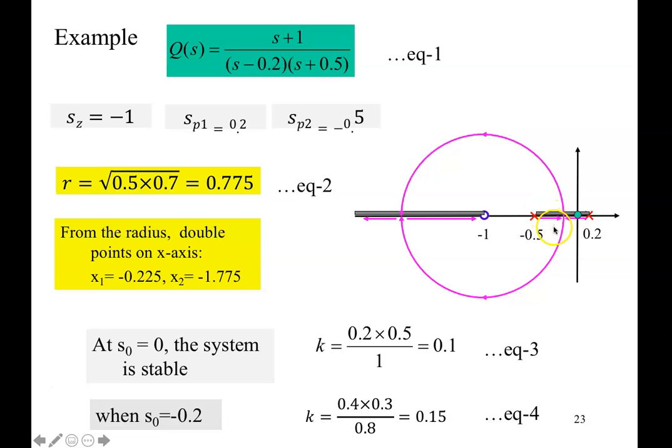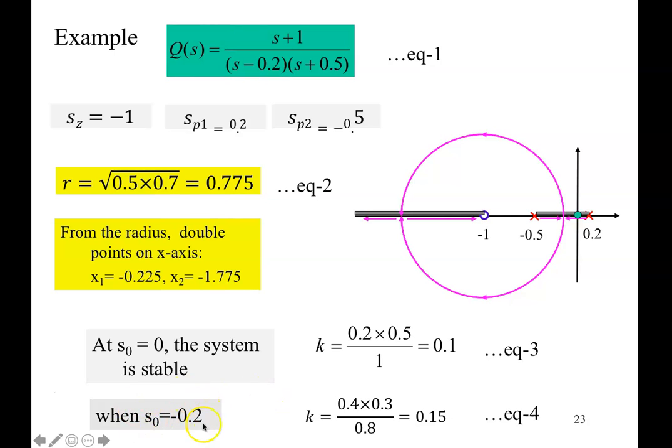Again, I want the distance, not the signs. So that's 0.5. The distance between s equals 0 and minus 1 is 1. Therefore, it's 0.2 and 0.5, and the 1 is because it's the zero, so you put it in the denominator. So 0.2 times 0.5 divided by 1, that'll give me 0.1.